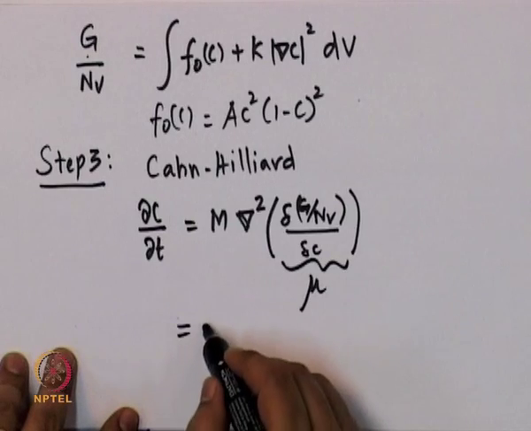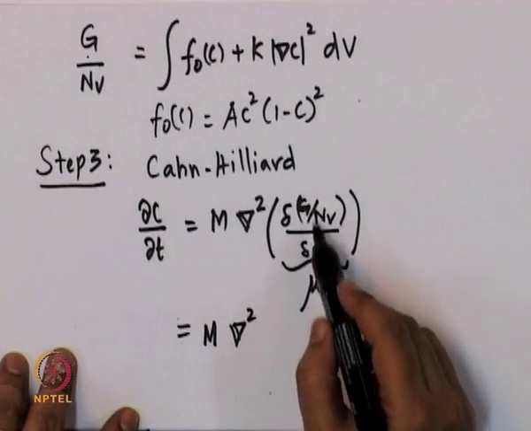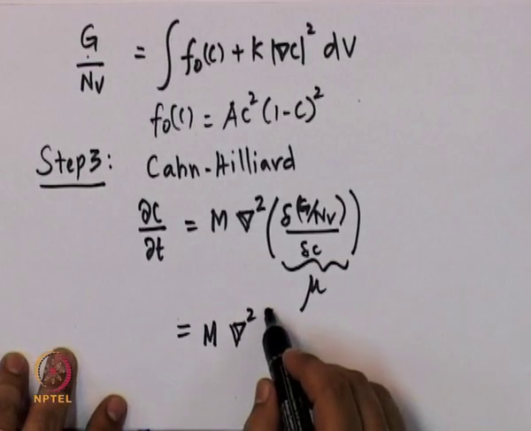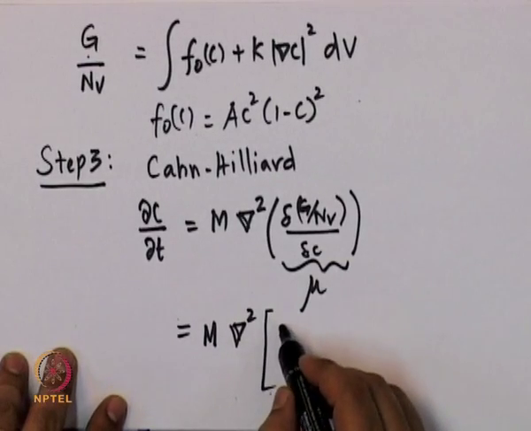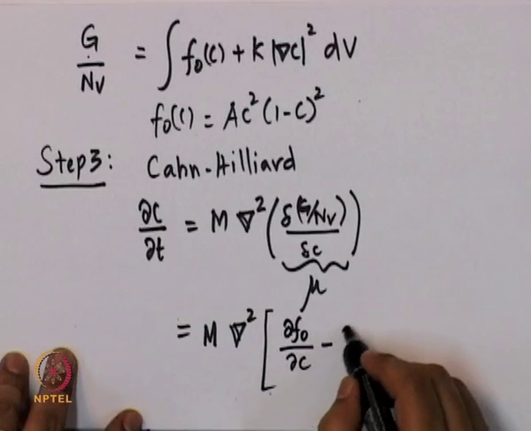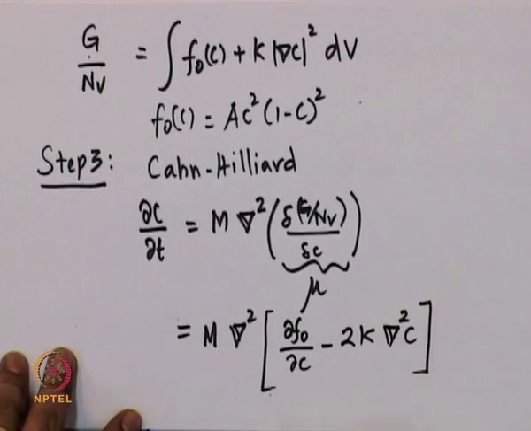The mu is given by the Euler-Lagrange equation, which is dou F0 by dou C minus 2 kappa del squared C.